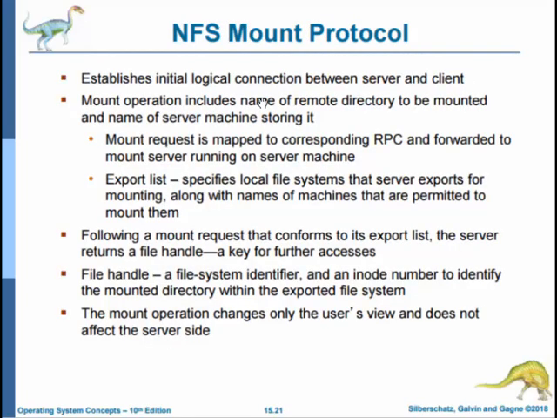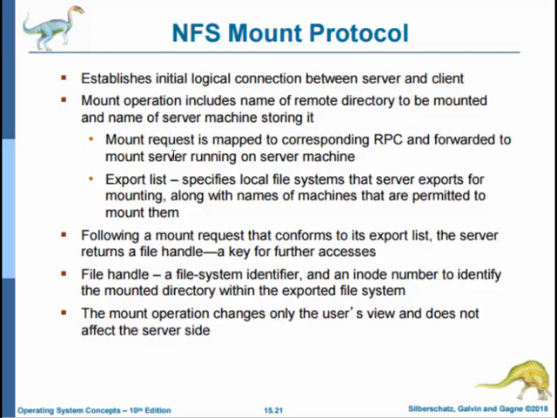The mount protocol establishes the initial logical connection between a server and a client. In Solaris, each machine has a server process outside the kernel performing the protocol functions. A mount operation includes the name of the remote directory to be mounted and the name of the server machine storing it.